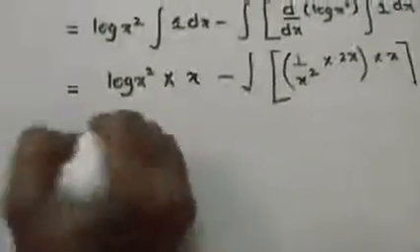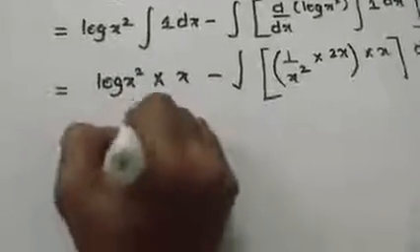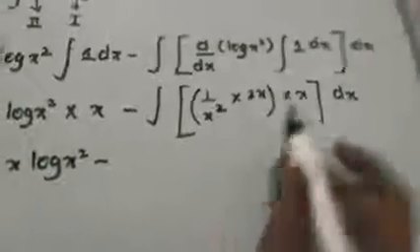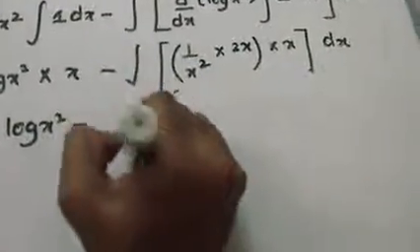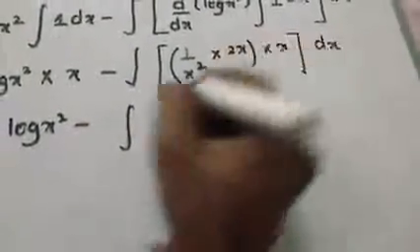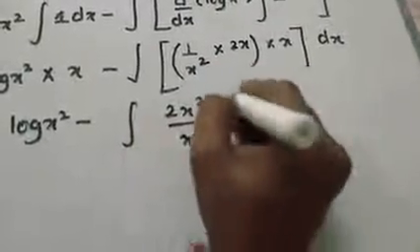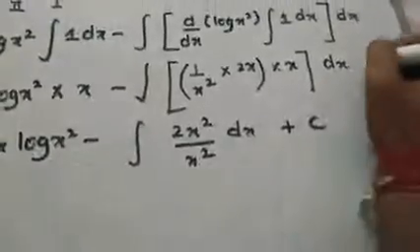Now just multiplying, we write x log of x square minus, x into 2x, that is 2x square, over x square, dx, plus c.